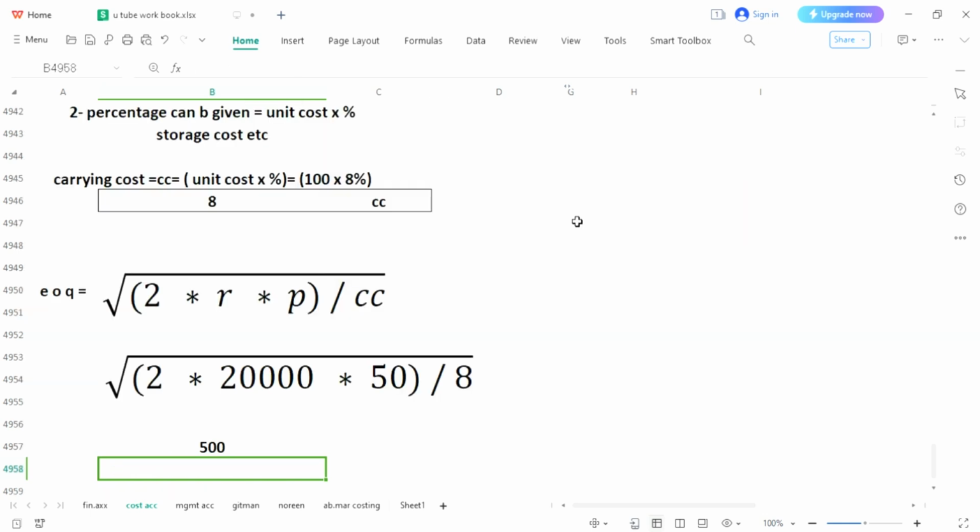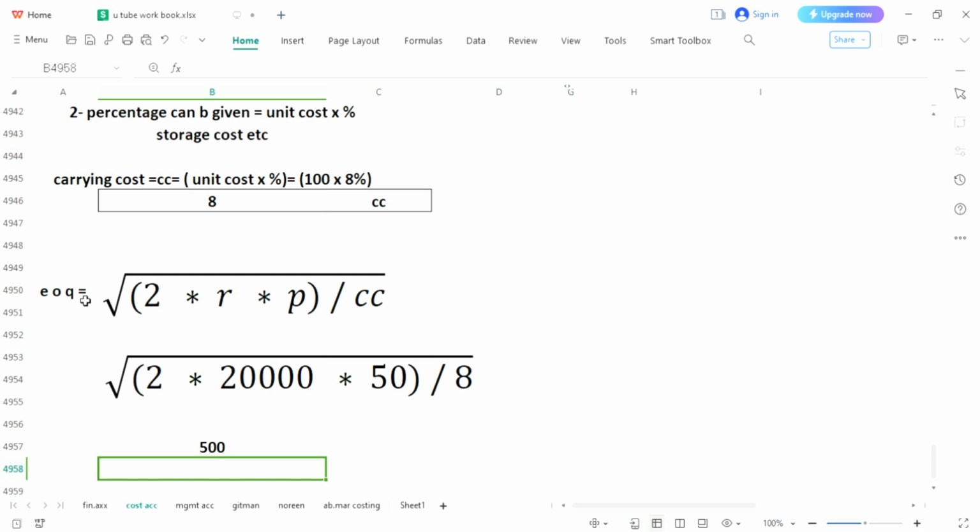It's a simple thing. You should have the knowledge of how to take under root, and perhaps in sixth or seventh class we were introduced to this term, and I'm sure there would not be any difficulty in calculating under root. Just the thing is, in financial accounting, cost accounting, or management accounting, usually we do not use mathematical terms.